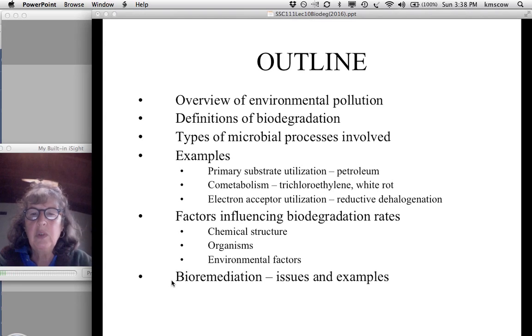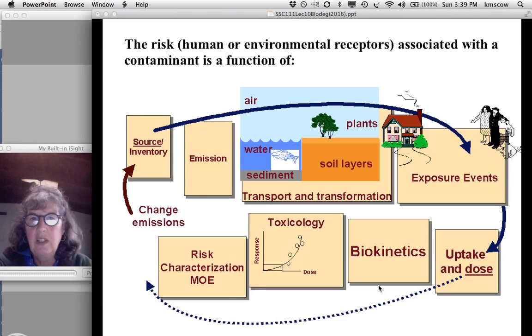Then in part 2, we're going to look more at bioremediation, which is the application of biodegradation. And the focus of this talk is going to be on organic contaminants, so on compounds that can be actually metabolized by microorganisms, leading to their transformation or destruction.